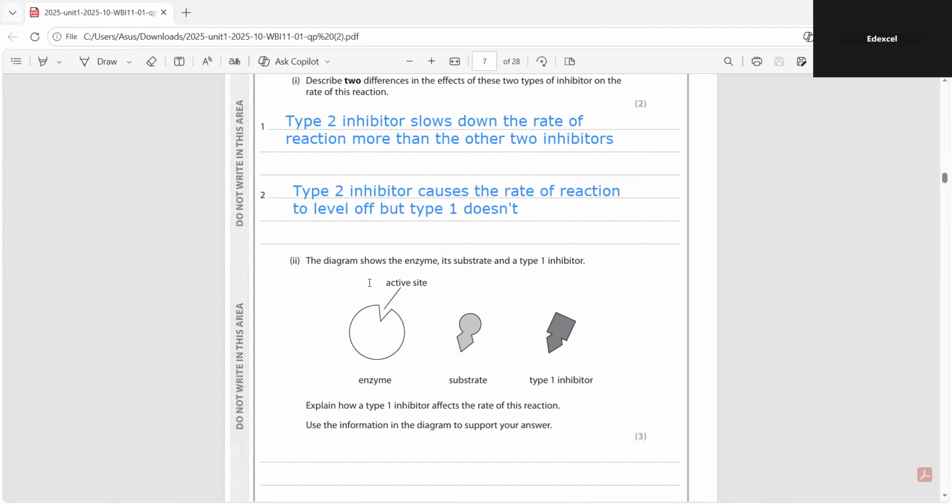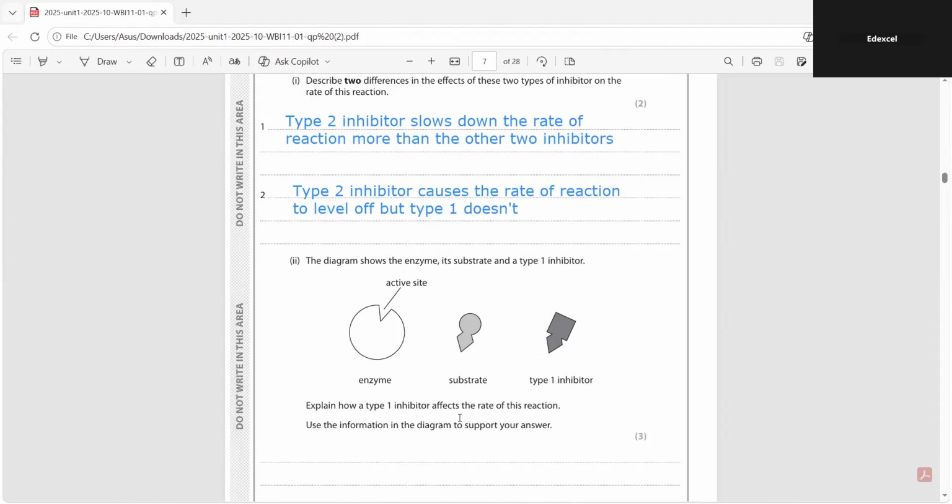So let's go to the next part of the question. The diagram shows the enzyme, its substrate, and a type 1 inhibitor. So you have been given a diagram of an enzyme and it has the active site, and then you have two substances, a substrate and a type 1 inhibitor, which can bind onto the active site of the enzyme.